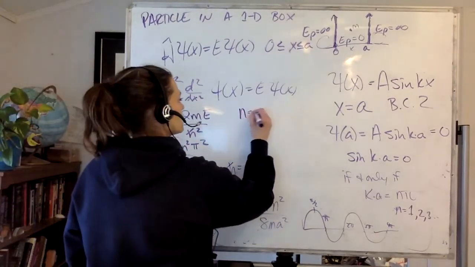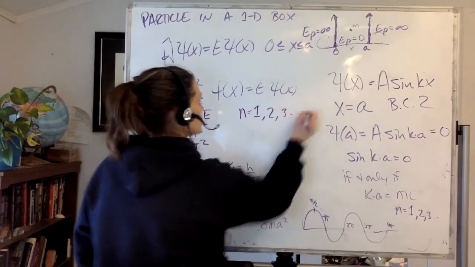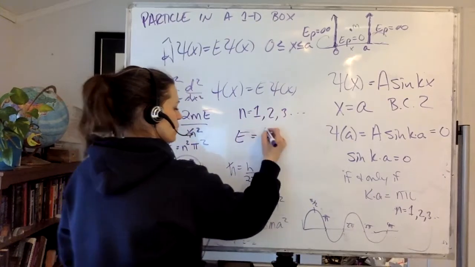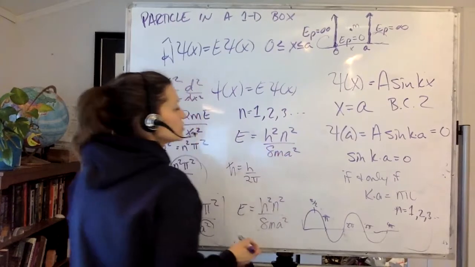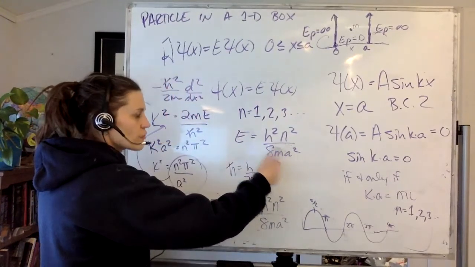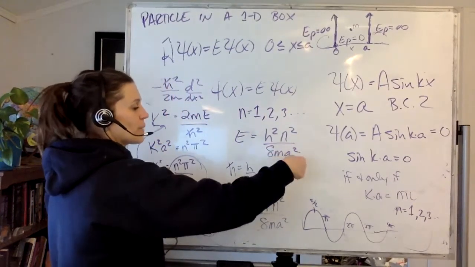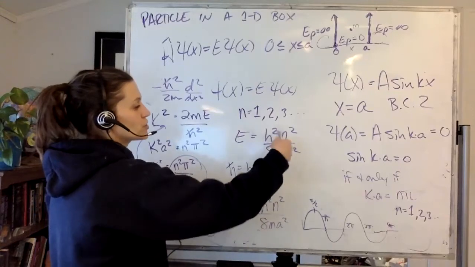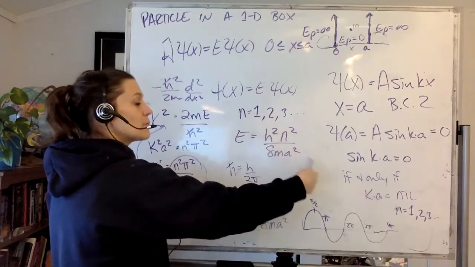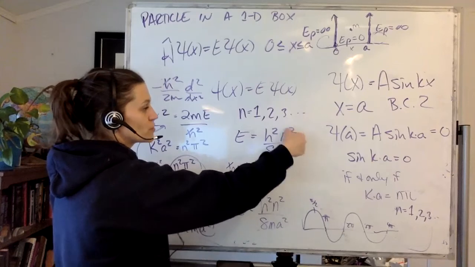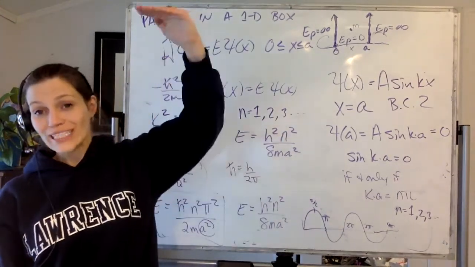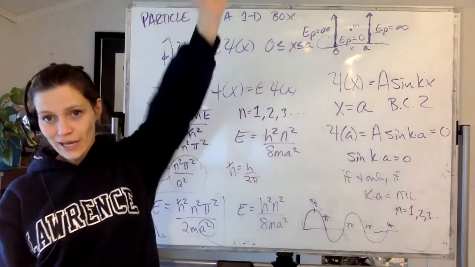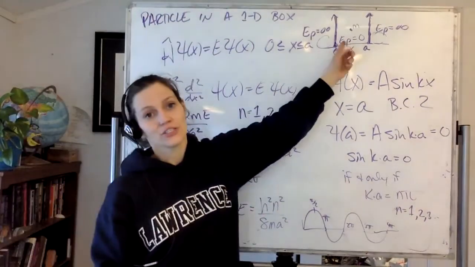So n equals 1, 2, 3, and so on, any integer, E will then equal h squared n squared over 8ma squared. So the energy for n equals 1 will be h squared over 8ma squared. For n equals 2, h squared times 4 over 8ma squared. If this is 3, this value would be 9. So you've got these discrete quantized energy levels based on the boundary conditions.